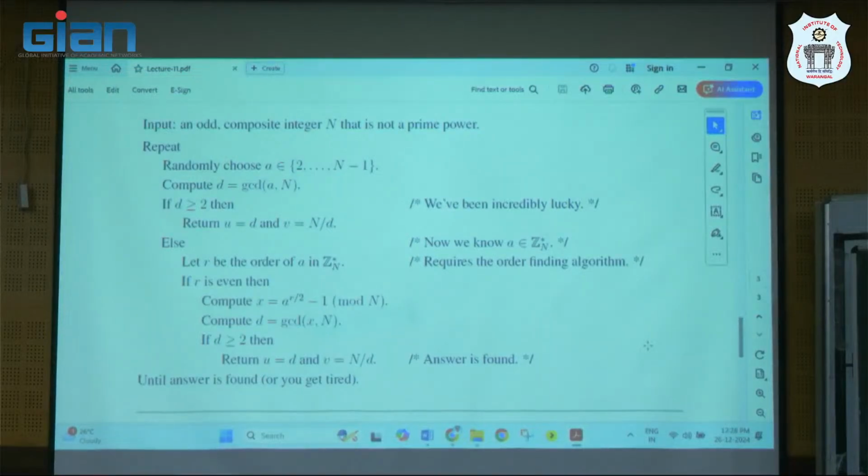What are we interested in? In finding one factor, any factor D, and I will return D and n over D. Then I will recurse. I don't even care whether D and n over D are prime or not, because I will factorize D separately and n over D separately. You agree to this or not?